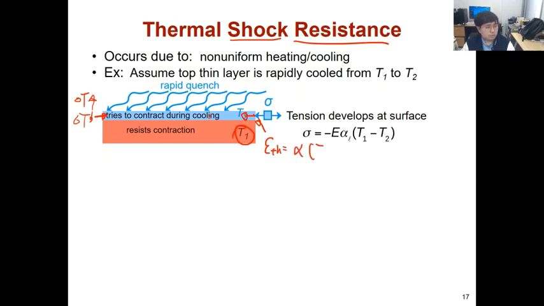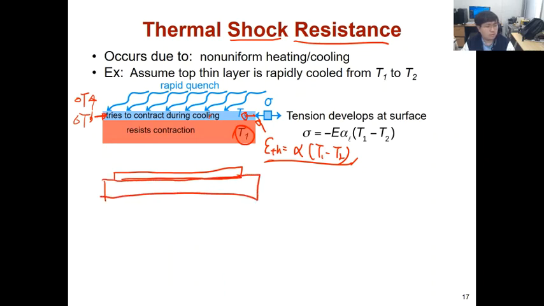For example, they want to shrink by that amount of strain, but however they are connected to each other. That means they pull, looking like this. That amount can become the thermal strain. So maybe this part will experience thermal stress in this direction, which we say is tensile stress.